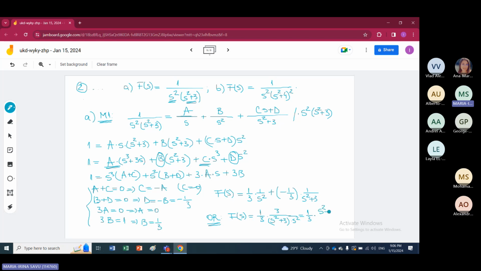So this is s squared plus 3 minus s squared over s squared plus 3 times s squared. And in the end, we get 1 over 3 times this fraction, 1 over s squared minus 1 over 3 times, when you have the simplification, 1 over s squared plus 3. So it's the same thing. Okay, and this is faster than this one.